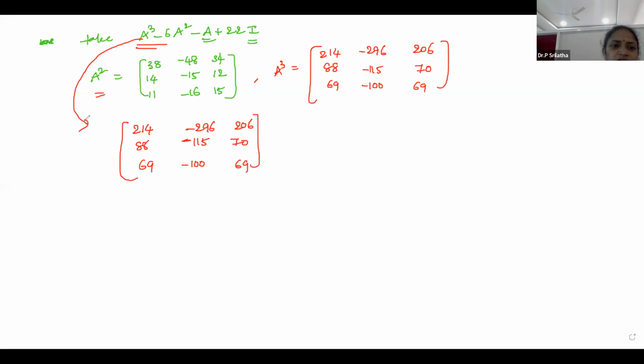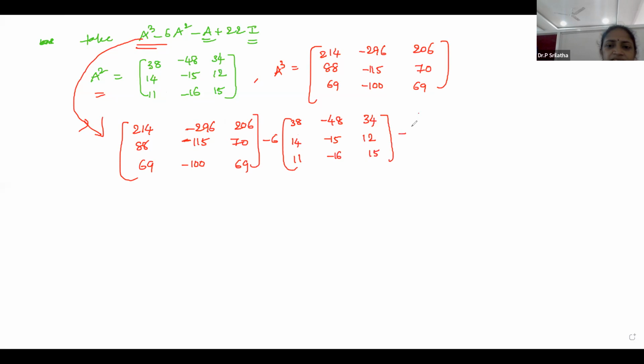Okay, so A cube, and the next one is minus 6 into A square. So what is A square here? A square means 38, minus 48, 34, 14, minus 15, 12, 11, minus 16, 15.